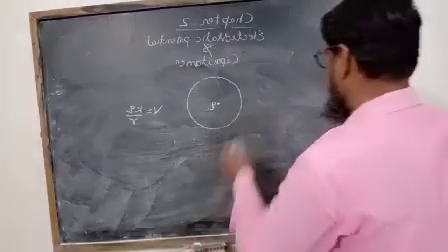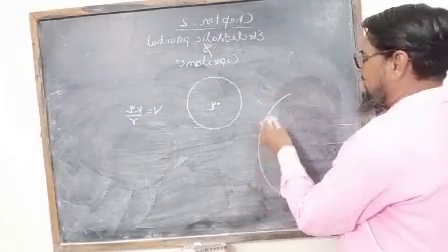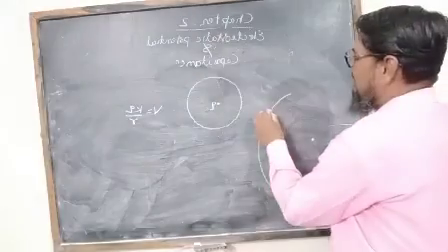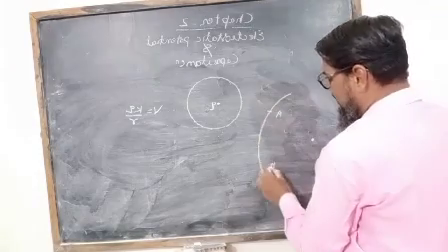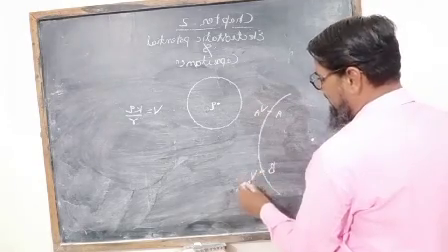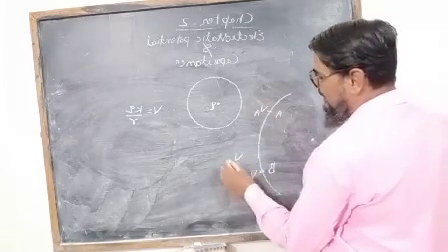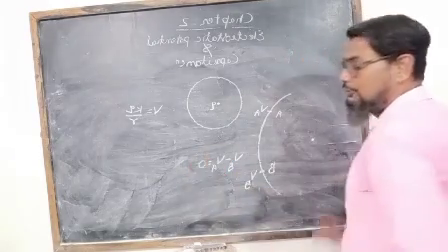In a particular equipotential surface, let us consider any two points A and B. Since the potentials are the same, VA and VB are the potentials, then VB minus VA will always be equal to 0.